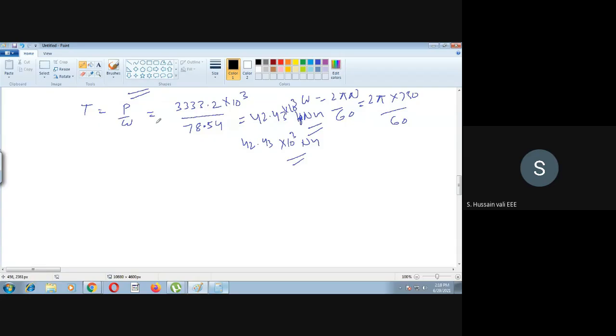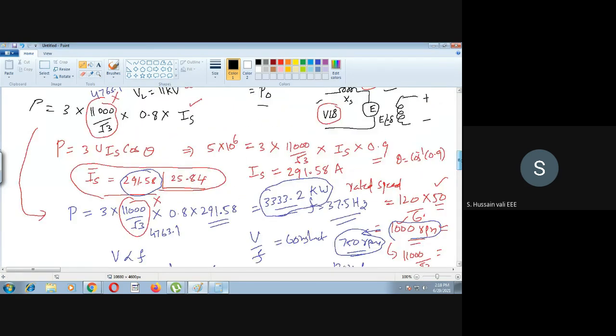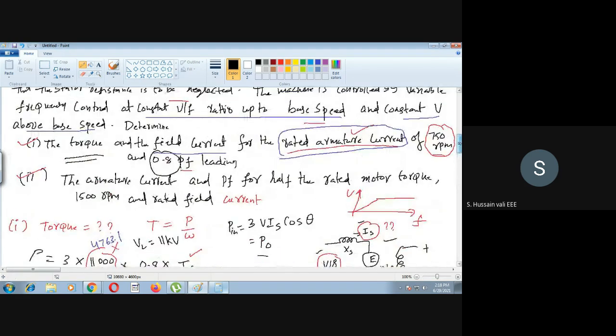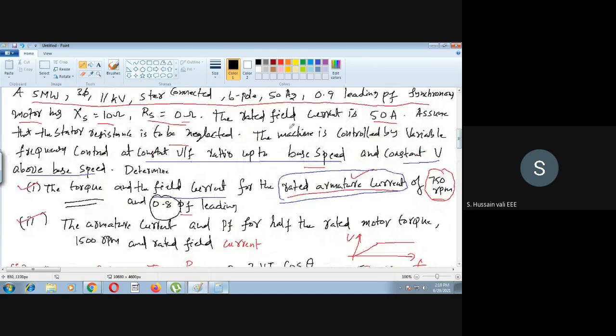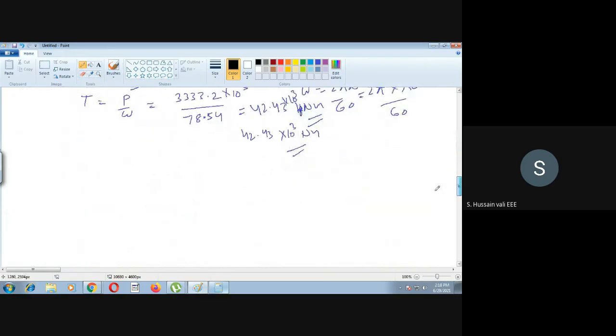Okay. So how we will proceed here is that in the question, I think he has given a rated field current. How much has he given? 50 ampere. Then we will do one thing. We'll find out here the EMF. What is the EMF?